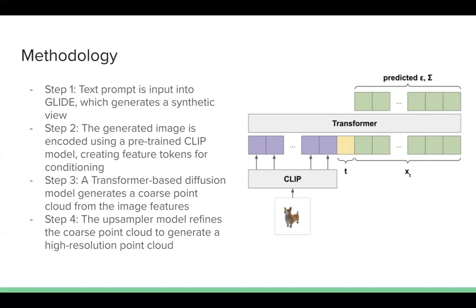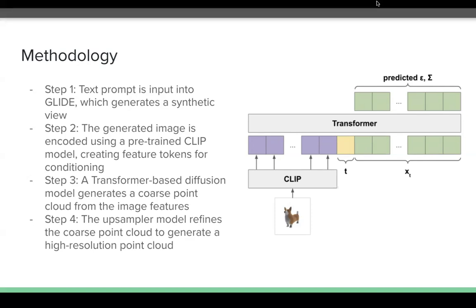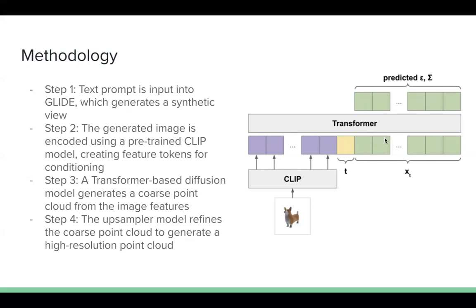Then, for step 2, this image is encoded using a pre-trained CLIP model, producing image features as conditioning tokens. Step 3. The diffusion transformer model then generates a coarse point cloud based on these features. And finally, step 4. The upsampler takes this coarse cloud and adds more points to enhance resolution. This combination of image to 3D and point cloud refinement is what allows Point E to generate results quickly.